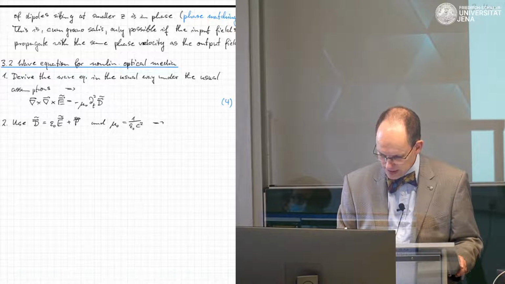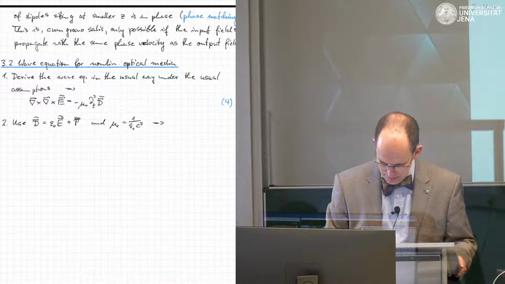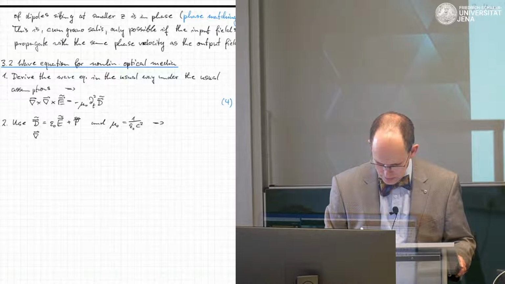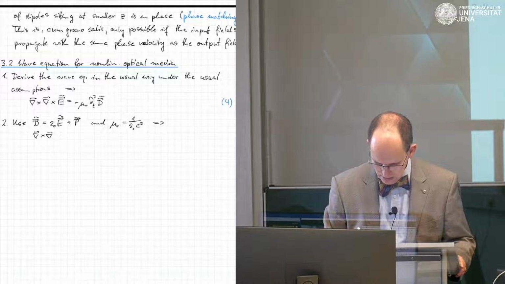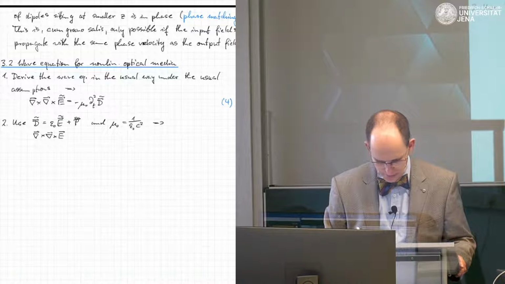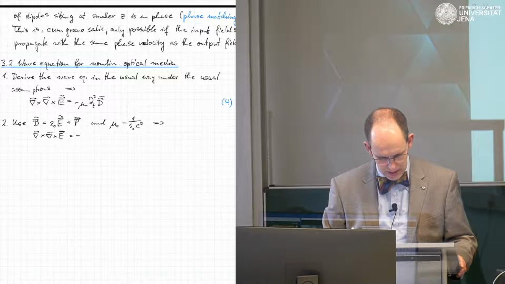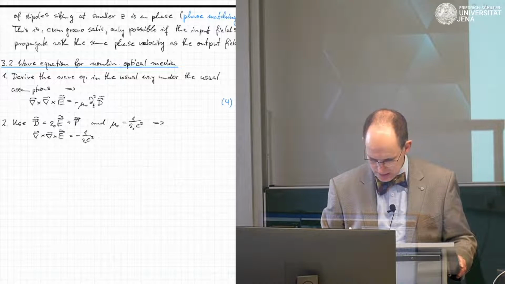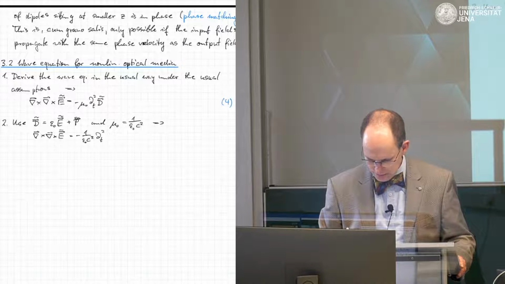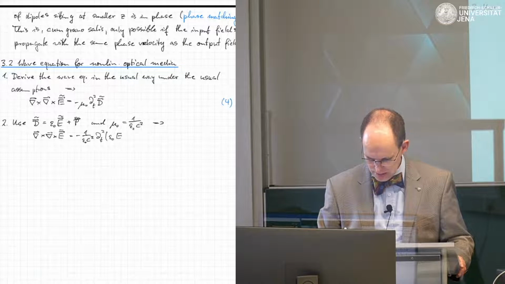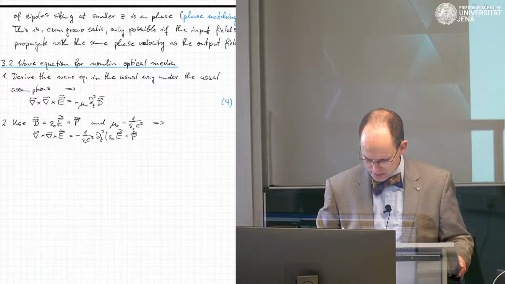And if we do that, then we get that the curl of the curl of the E field is equal to minus 1 over epsilon 0 times c squared and the second derivative of epsilon 0 times E plus the polarization, of course.